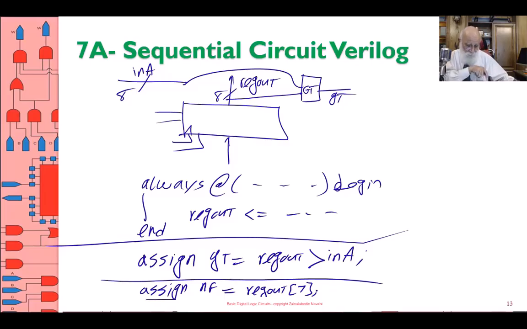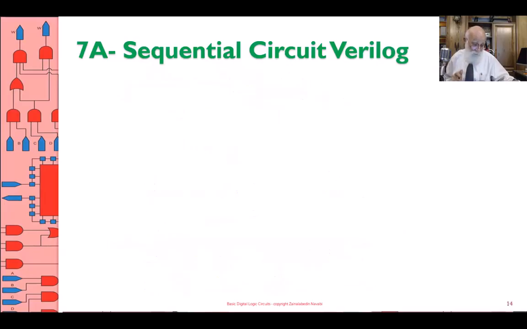So that's with the assign statements outside the always. Only put the main part of the register inside the always statement, the thing that is reg. Don't put any wires or logic that you're using outside of the register. And also I showed you 3-state logic also goes outside.